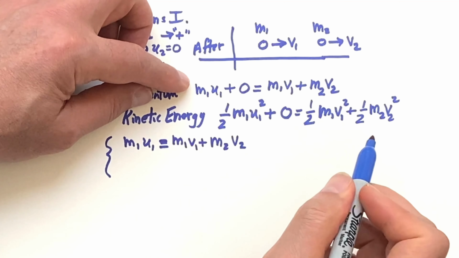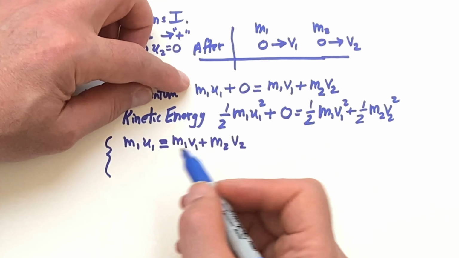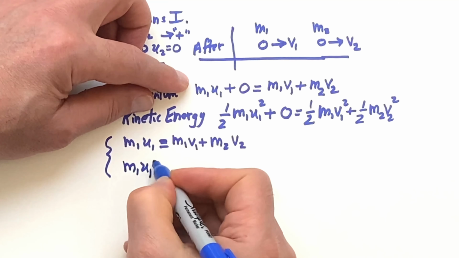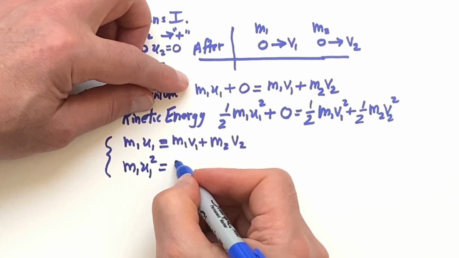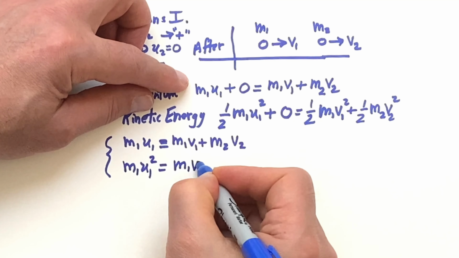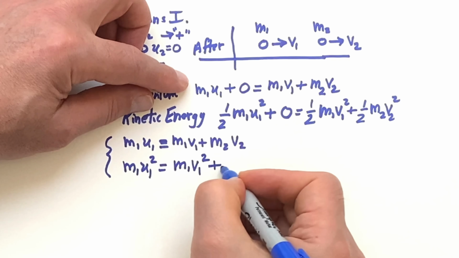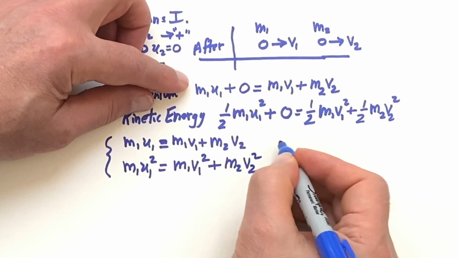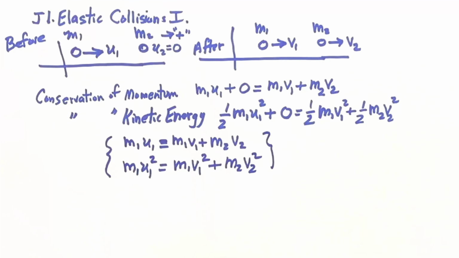And the second one I'm going to multiply through by 2. So I have M1 U1 squared is M1 V1 squared plus M2 V2 squared. There's the pair of my equation. I have two equations with two unknowns. So I'm going to be able to solve for V1 and V2.